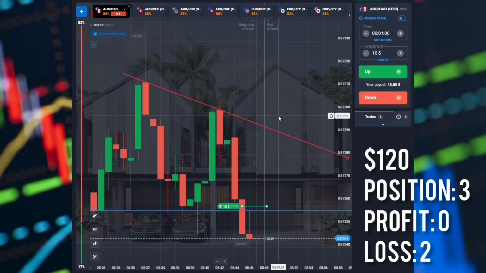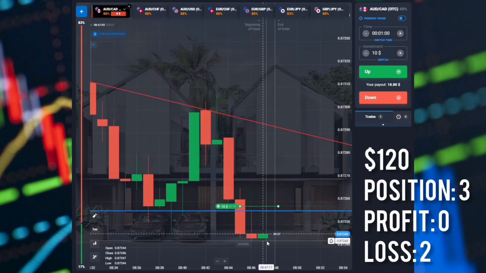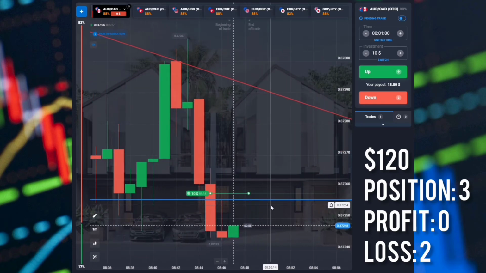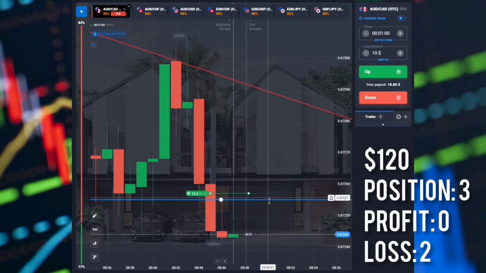Okay, this doesn't look too good. I think I'm going to lose that one as well. I know the chart is going down, and at some point it will reverse and go up. Okay, I just made a mistake two times about when it will go up.